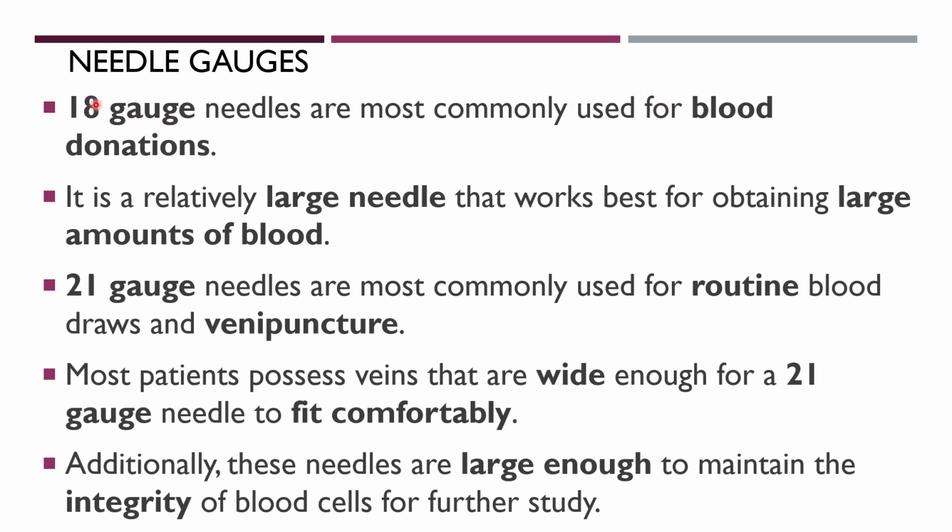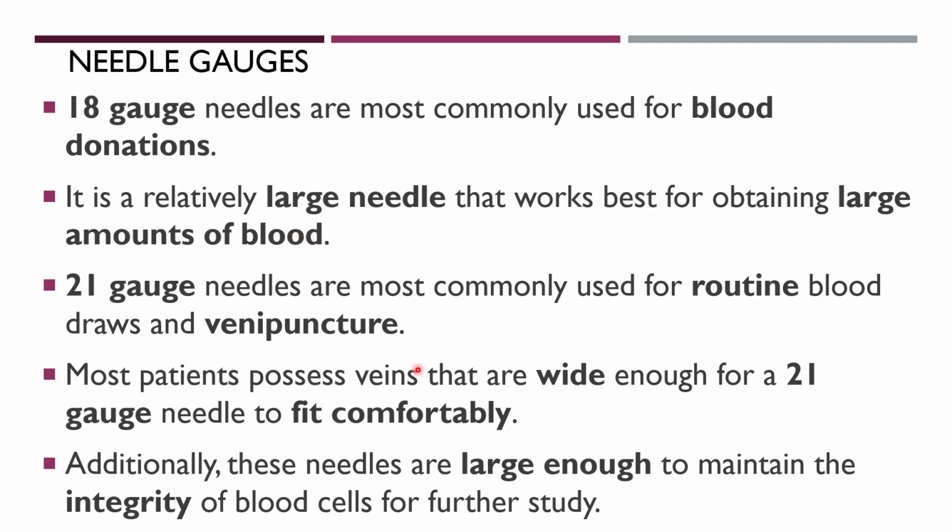So an 18 gauge needle is used. When there is a somewhat smaller needle size, such as a 21 gauge needle, it is commonly used for routine blood collection or venipuncture, because most patients possess veins wide enough to fit the 21 gauge needle comfortably.